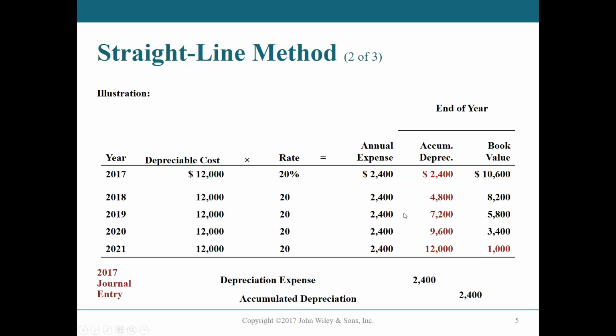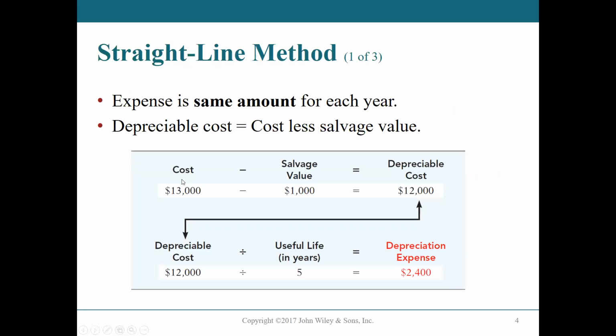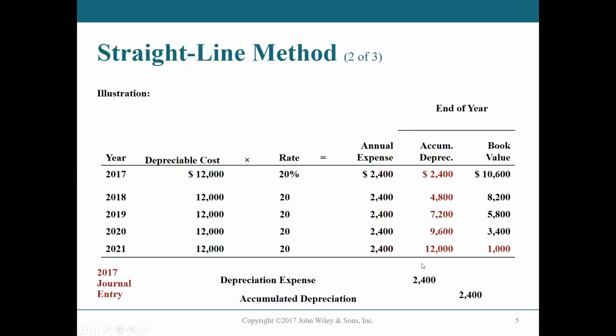Anyway, so that's the straight line method. In essence, we calculate the amount of depreciation, cost minus salvage value, depreciable cost divided by useful life, depreciation expense, and then we use that same amount each year. That's why it's straight line. It's the same amount of depreciation each year. Straight line method.